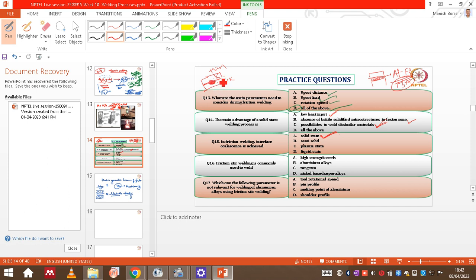So this kind of non-uniformity of nugget size can be seen if we join two dissimilar metals with resistance welding. For other metals it will be the same as in solid state welding processes, right? So I think with that we can mark all of the above answers in the 14th question.